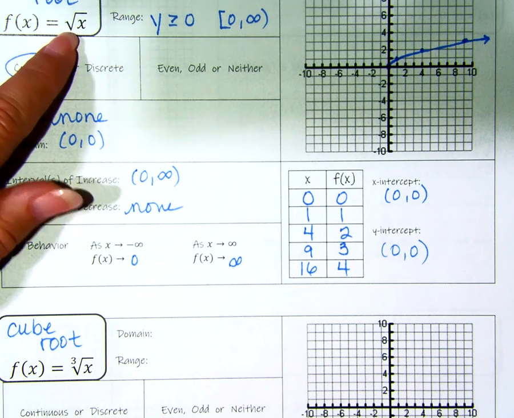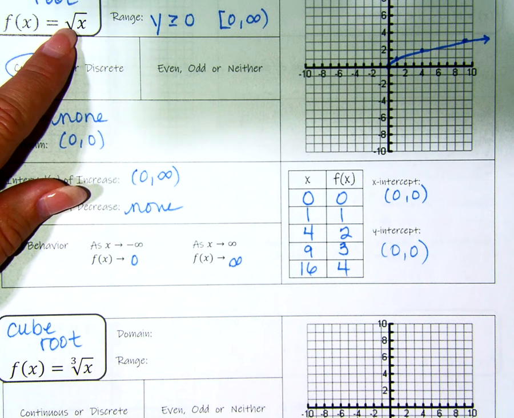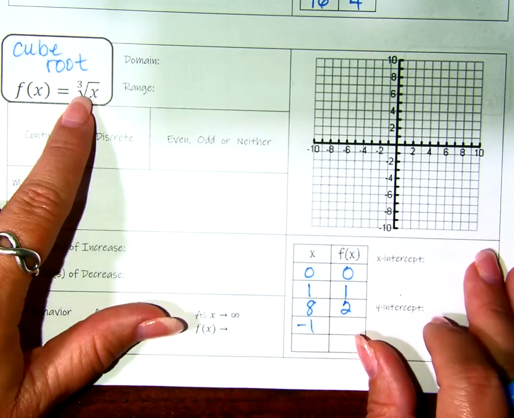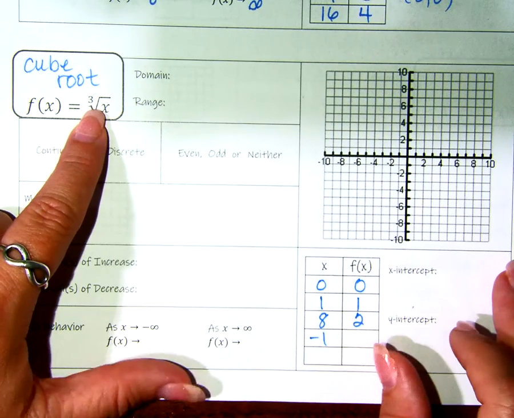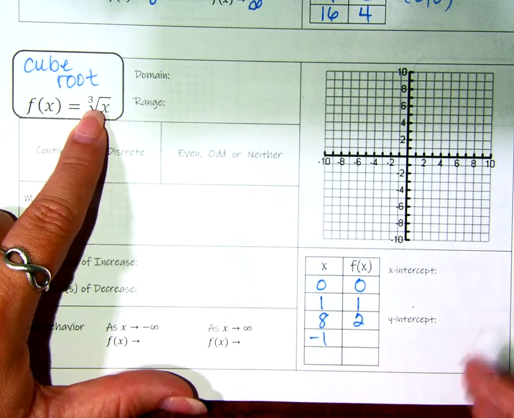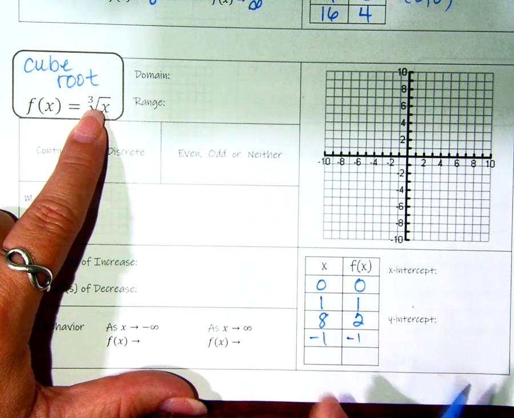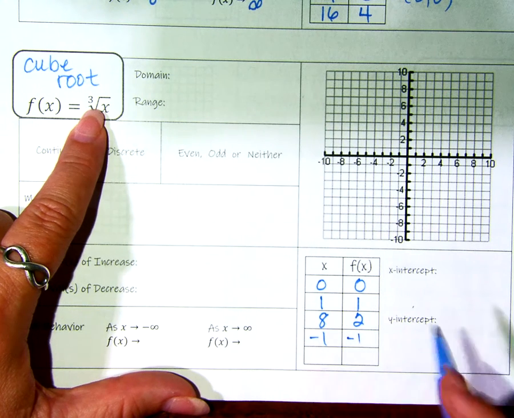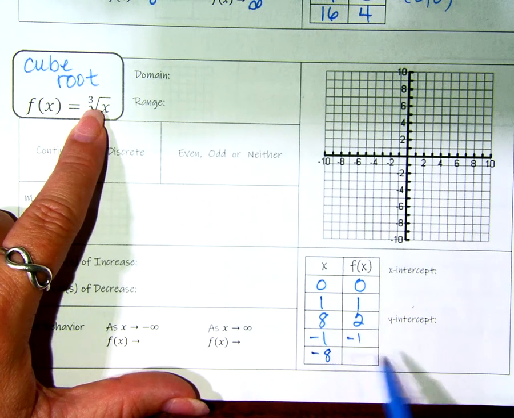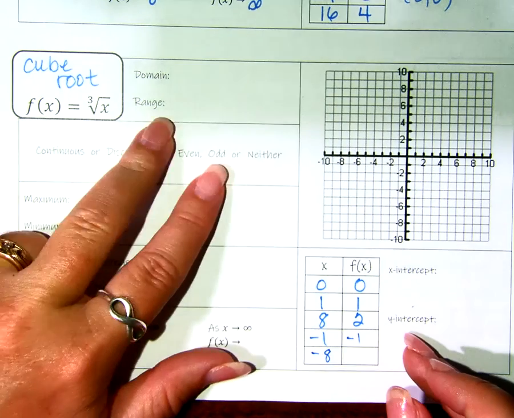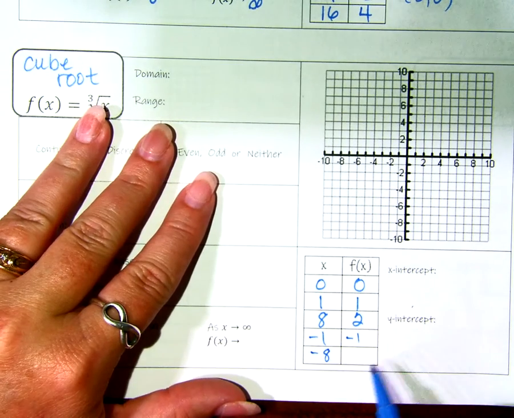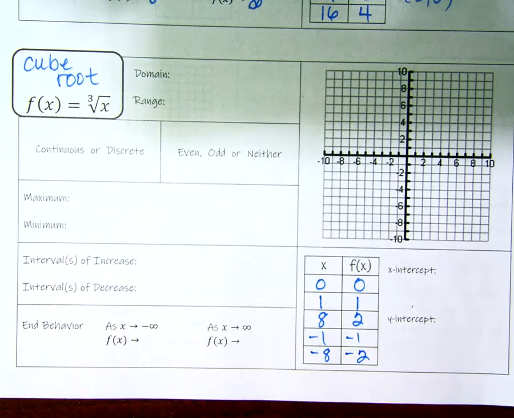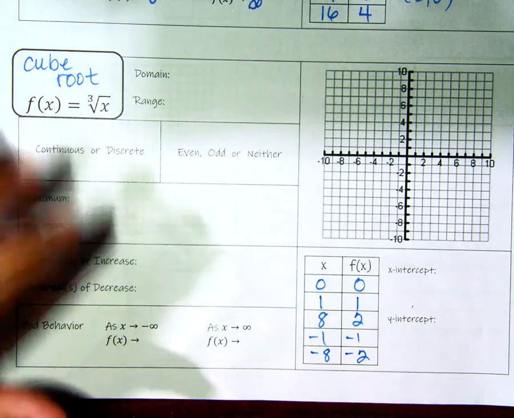But if it's an even root, like a square root or a fourth root or a sixth root, you can't have negative numbers under there. Okay? But if it's an odd root, like 3 or 5 or 7, you can have negatives under your root. So what else do I want to choose here then? How about -8? What times itself equals -8? -2. Would you please plot those points on your graph?